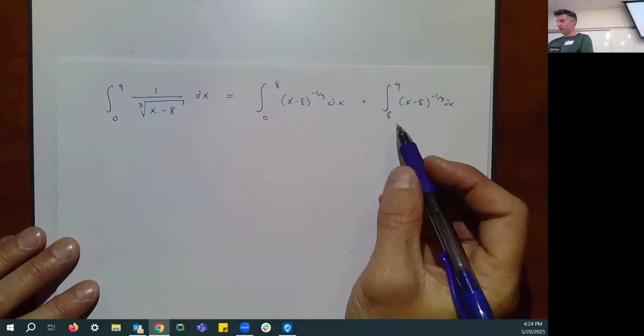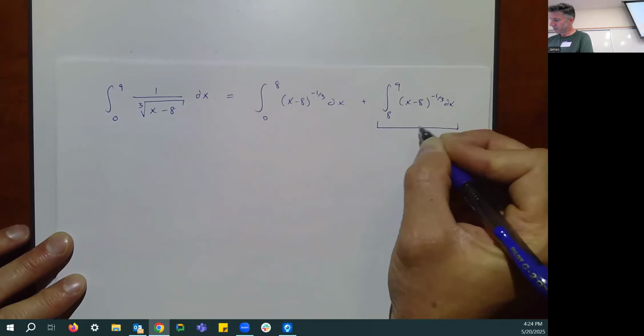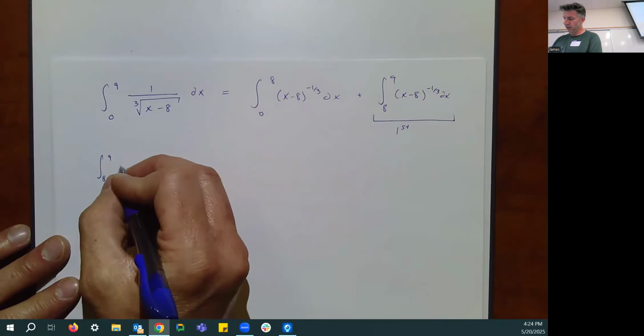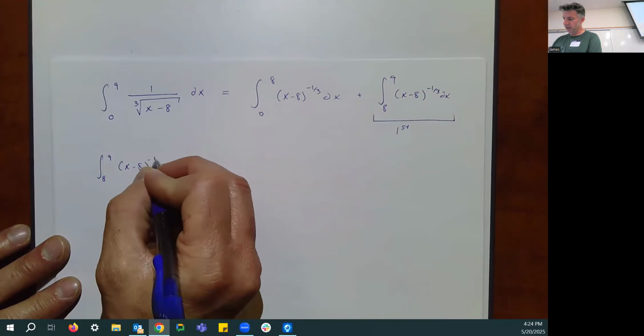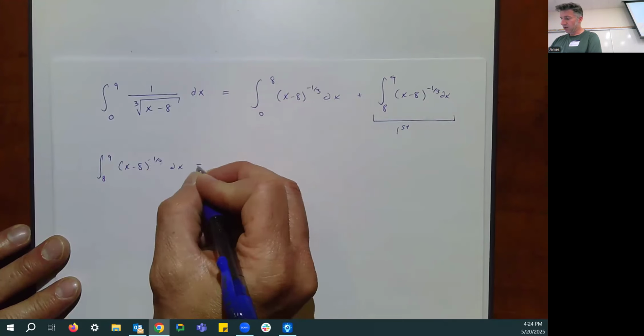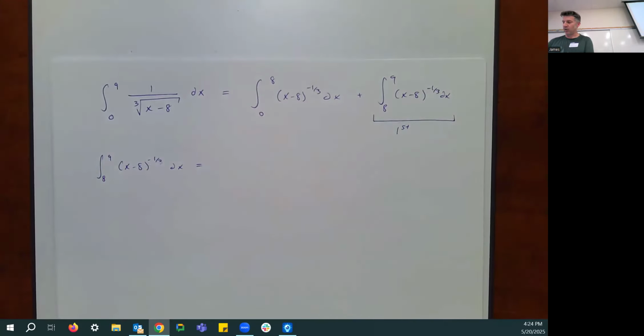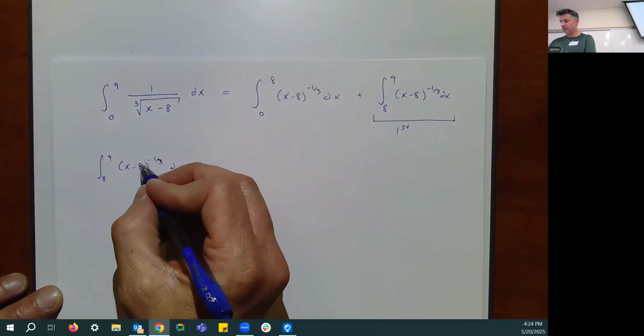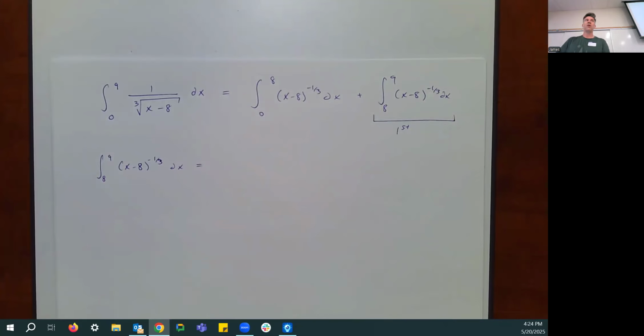So let's go ahead and do this part first. The integral from 8 to 9 of x minus 8 to the negative 1/3 dx. Now I'll point out, and this is where you have to be really careful: if you looked at this function, x minus 8 to the negative 1/3, you might erroneously convince yourself that it's not undefined at 8.